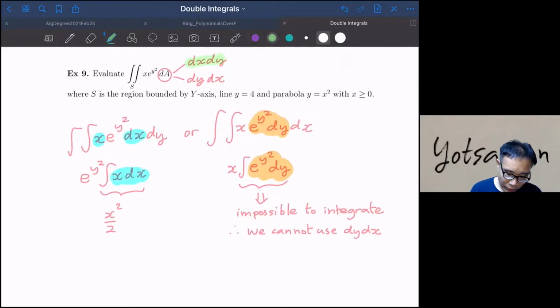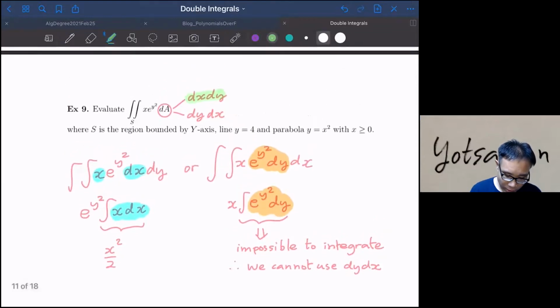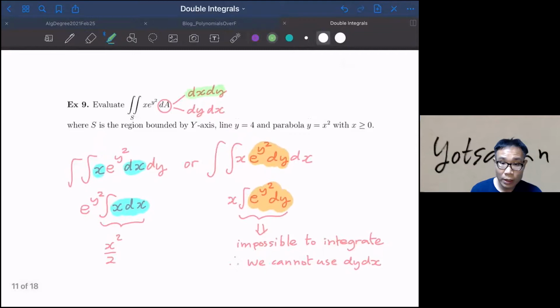S is the region bounded by the y-axis, the line y equal to 4, and y equal to x squared when x is positive.